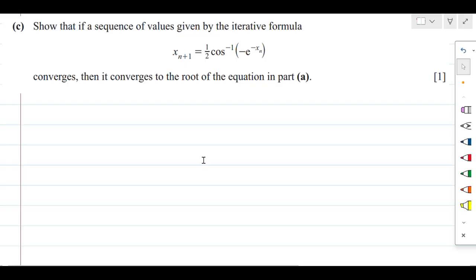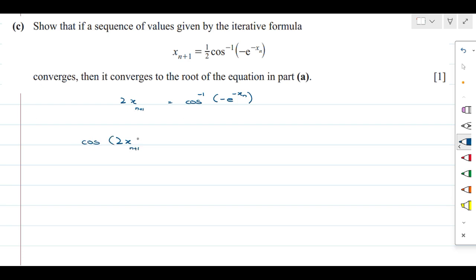Let's see. Here we have 1 by 2 times x subscript n plus 1, so we have to multiply by 2, cross multiply basically, and this is cos inverse of minus e power minus xn. Then 2x n plus 1, we can do cos on the other side.